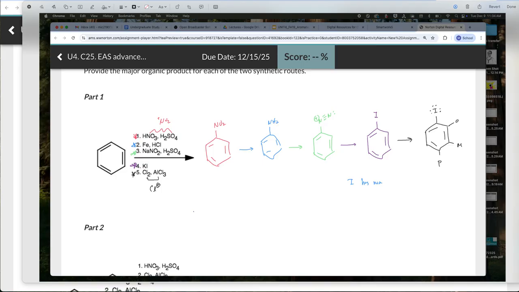It sounds like, at least in your head, you're associating the activating term to mean ortho and para. I want to tweak that. You shouldn't memorize it as activating, ortho para, because then where are you going to do your first substitution? Ortho. Except it's not that it could be, it is para.